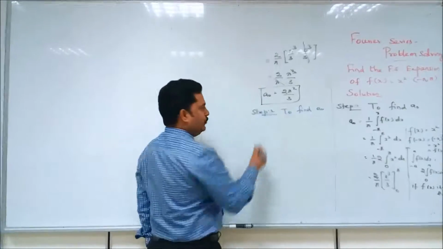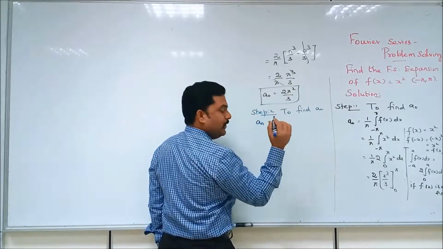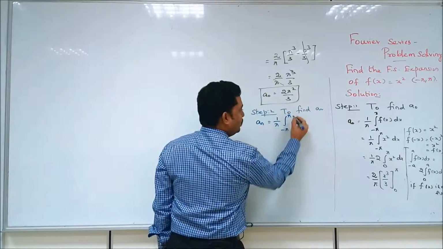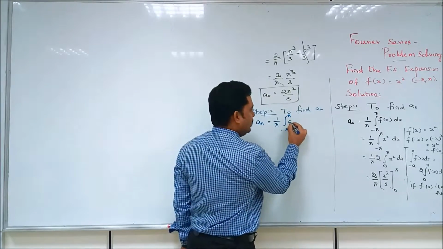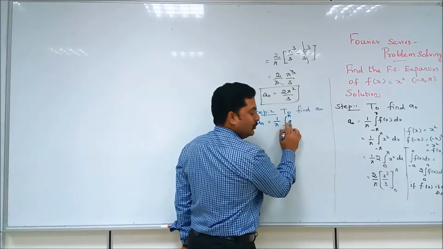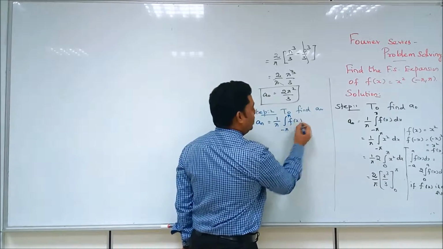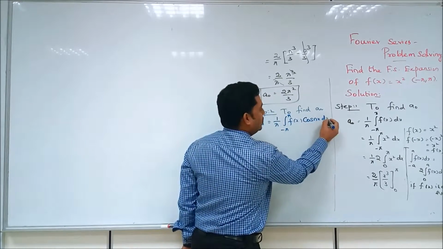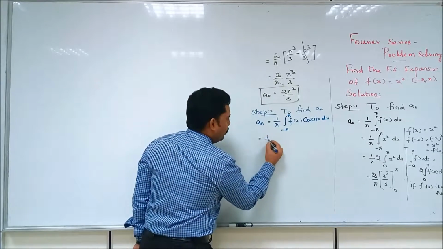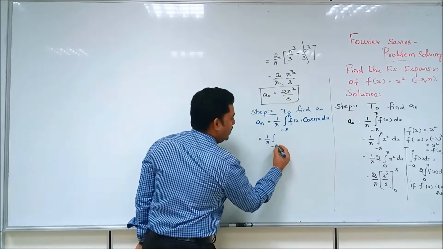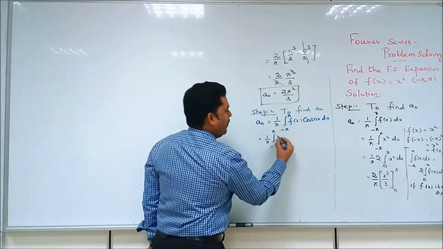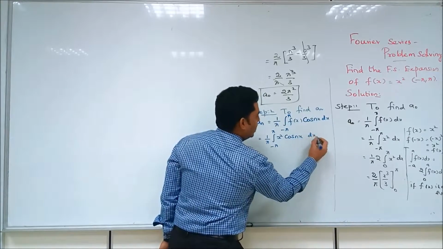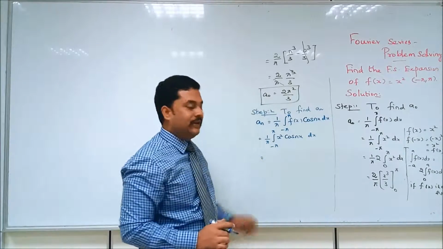What is the rule behind this? an is equal to 1 by pi integral minus pi to pi, f of x into cosine nx dx, which is equal to 1 divided by pi integral minus pi to plus pi of x power 2 cosine nx dx.